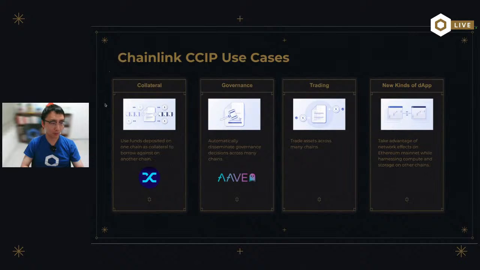The first one is called cross-chain collateralization. This means you can collateralize your asset on one blockchain, get some liquidity on another blockchain, and do transactions there with the collateral on your original blockchain. Why do that? Some people with a lot of assets and tokens want to keep their assets on a high-security blockchain.